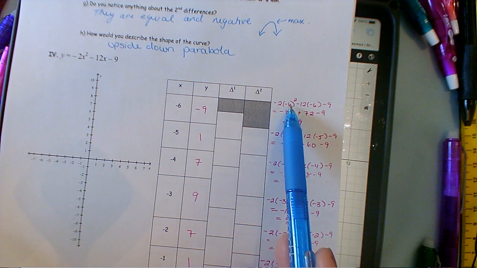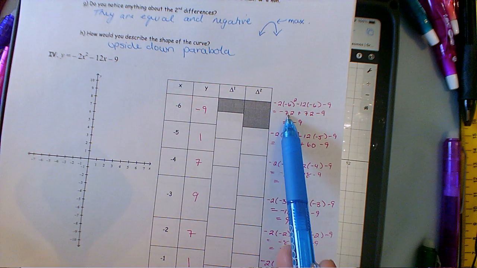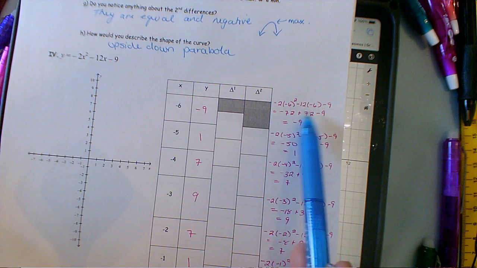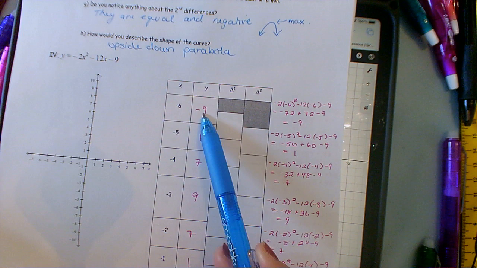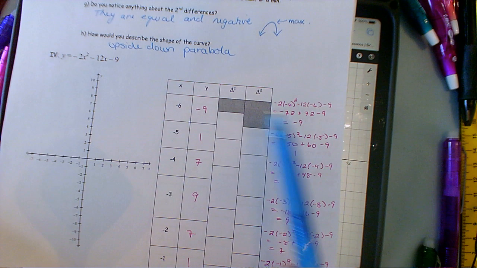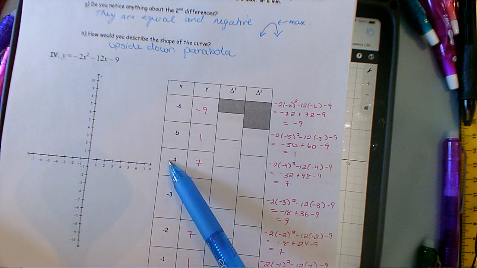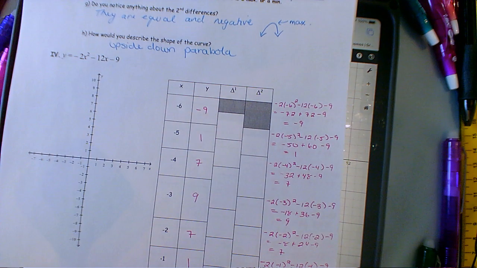Positive 36 times negative 2 is negative 72. Negative 12 times negative 6 is positive 72. So these two guys pretty much cancel each other out. And then minus 9. So that's how I got minus 9 here. And then I did the same thing for negative 5. I subbed that in and I worked it out. And then I subbed in negative 4 and then negative 3. So you're supposed to be able to go through and do this for yourself.